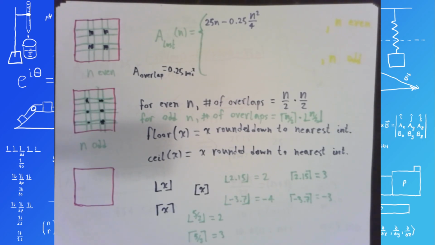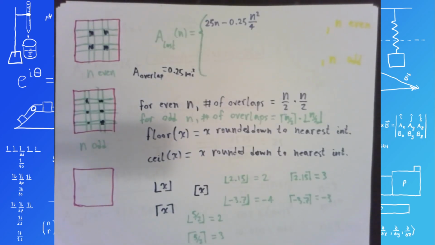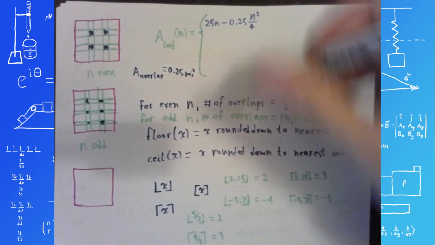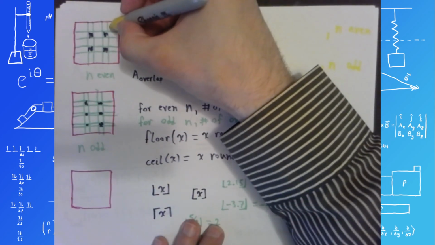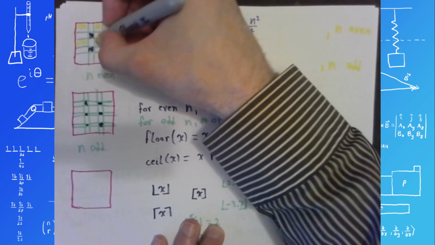And then I want to calculate the area of a usable region. I'll shade those in yellow again like I did before. Let's see how I would go about calculating this.